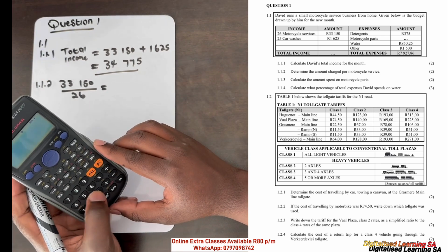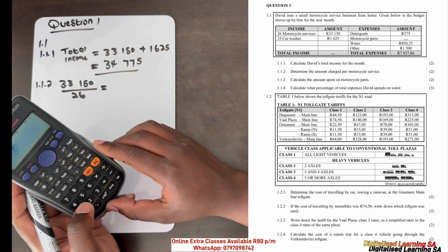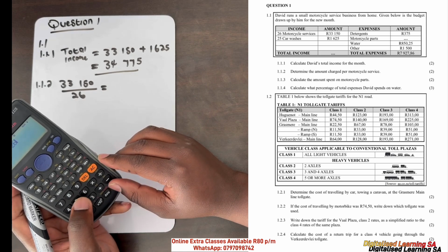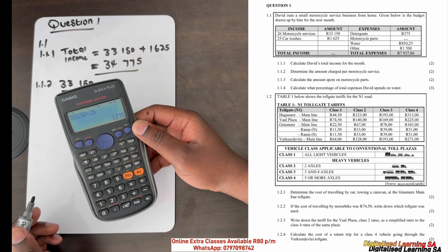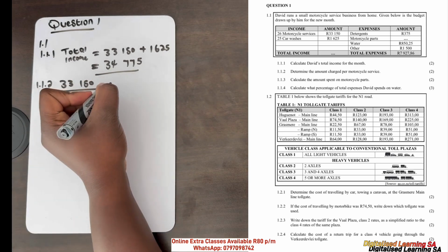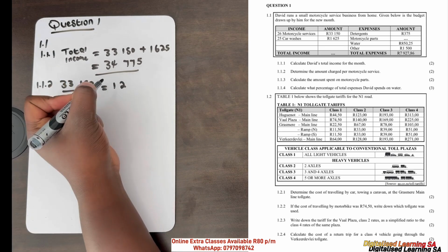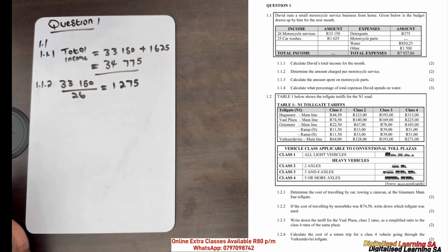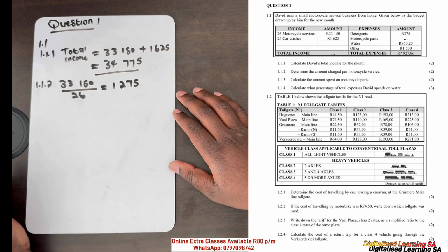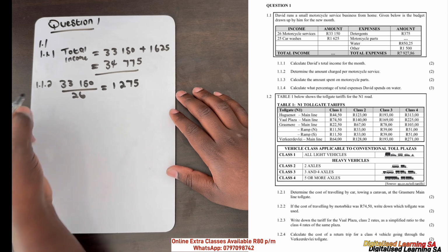Okay, so it's 33,150 divided by 26. So now we can see that to service one motorcycle, it costs 1,275.